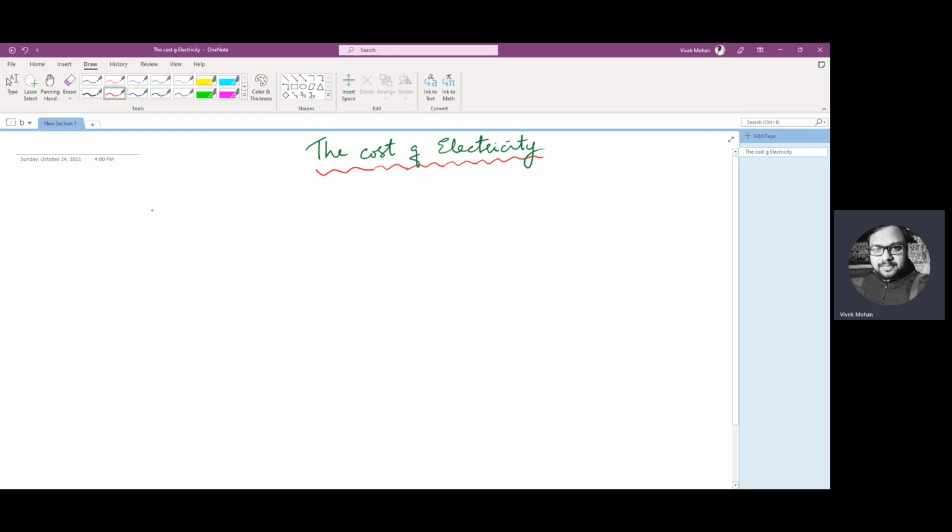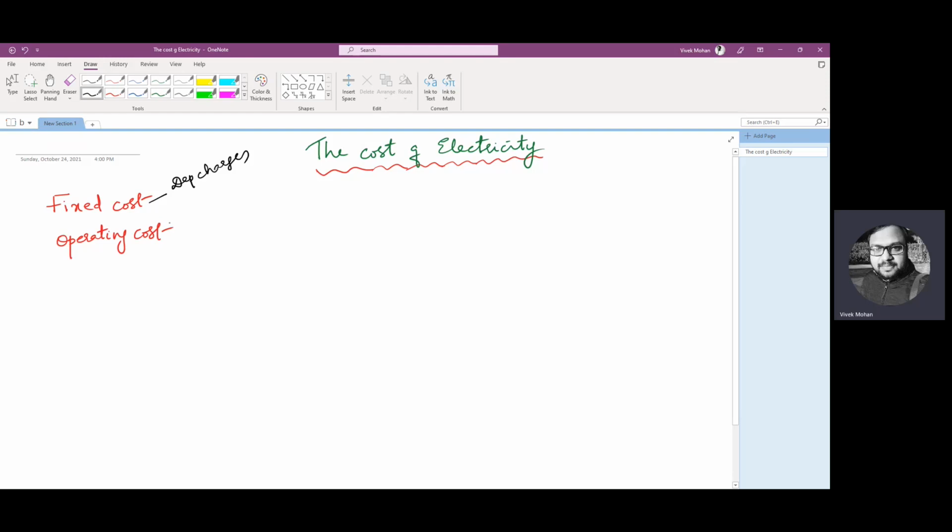So in cost of electricity, we'll first see what is fixed cost and what is operating cost. What are the components of fixed cost? Fixed cost comprises the depreciation charges.